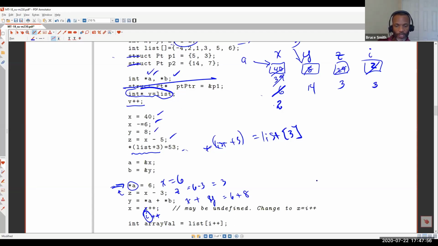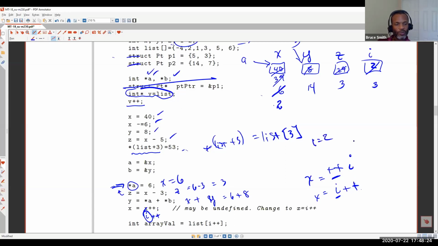So this last one was checking to make sure that you understand that plus plus i is different than i plus plus. This one will increment first. This one will use the current value of i and then increment it.